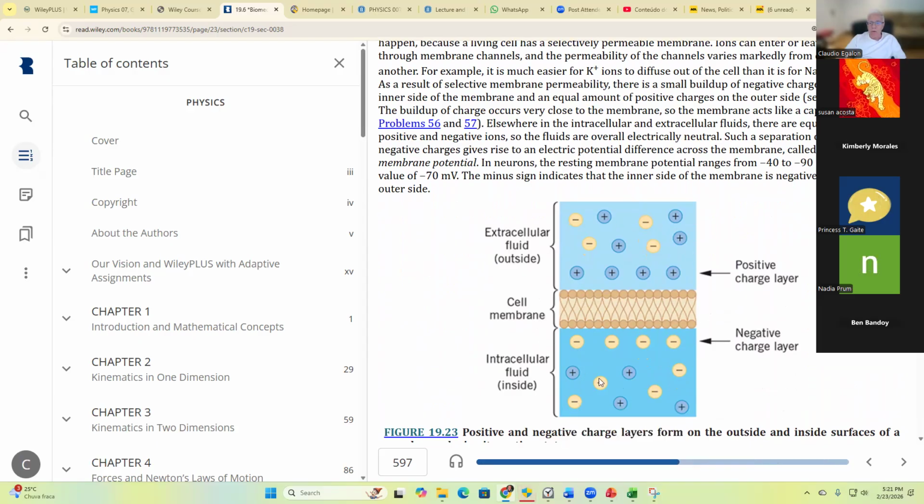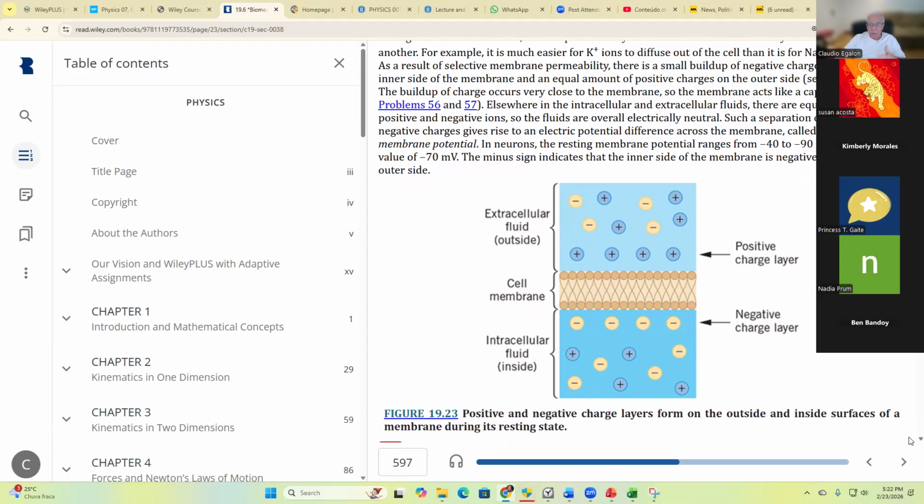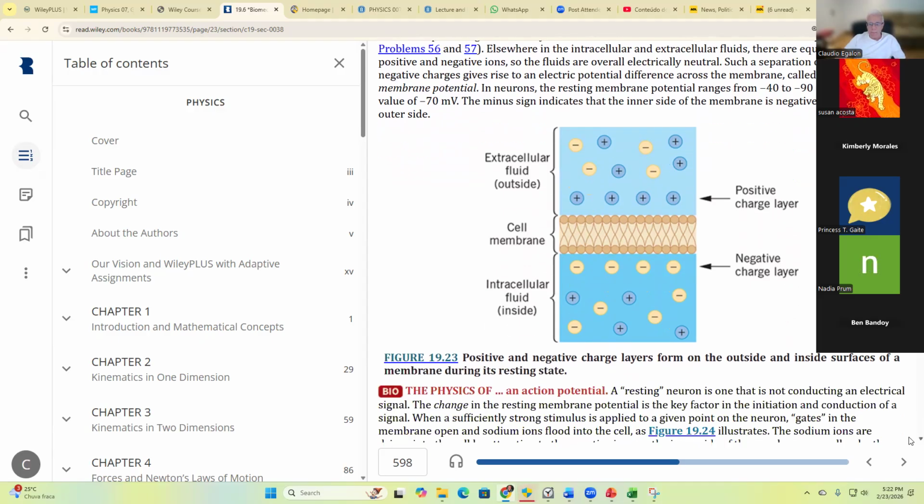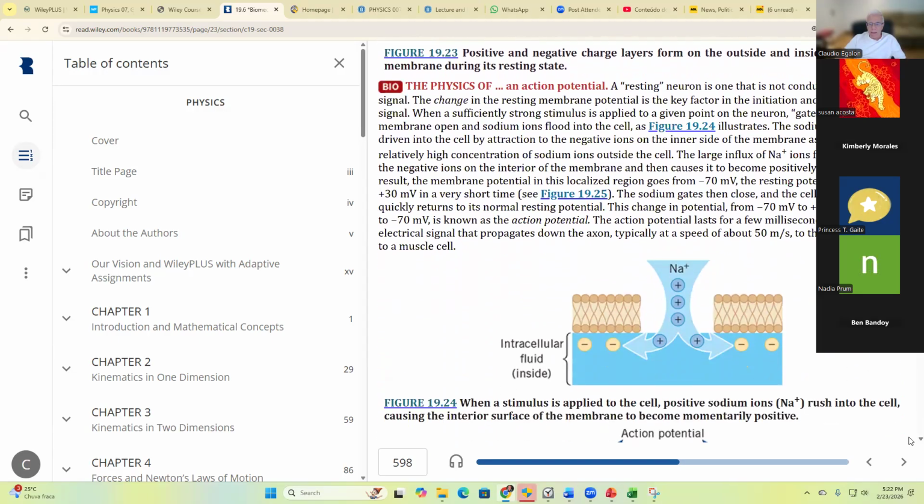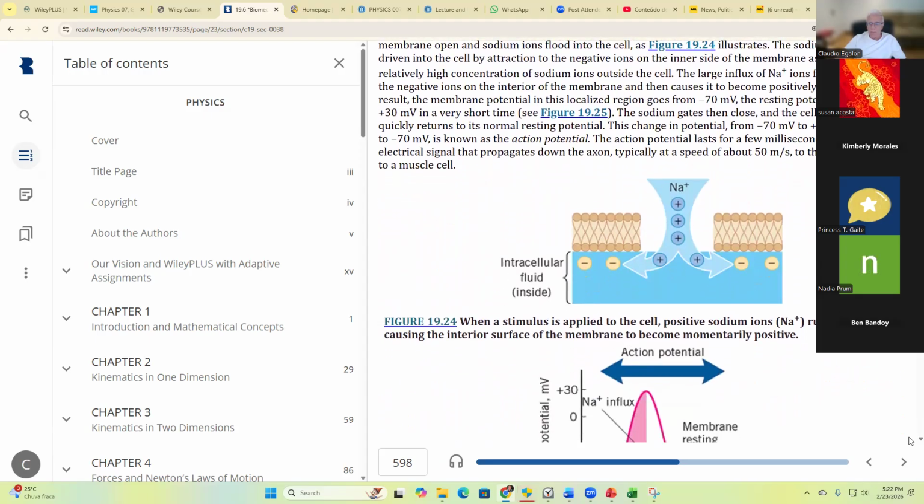The cell uses this electric potential difference to do work. All that work done in the cell is due to this electrical potential difference, which has some electrical potential energy. The cell uses this energy to do all those neat things to keep us alive. Here is an illustration of a sodium channel.